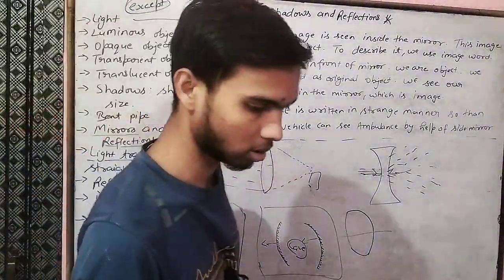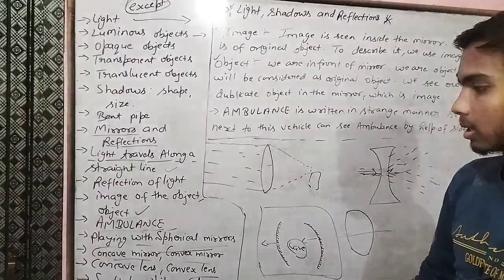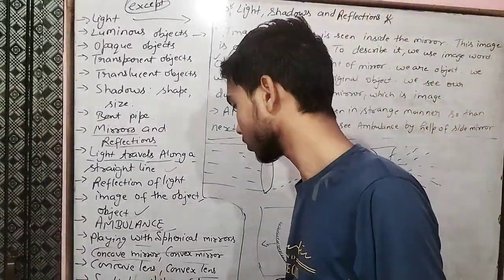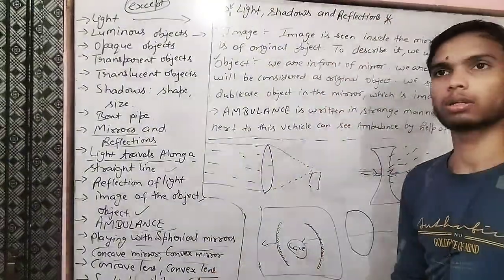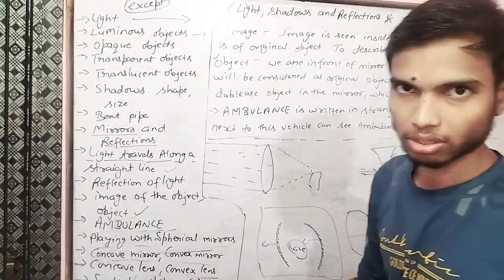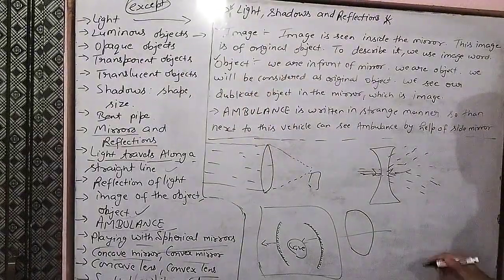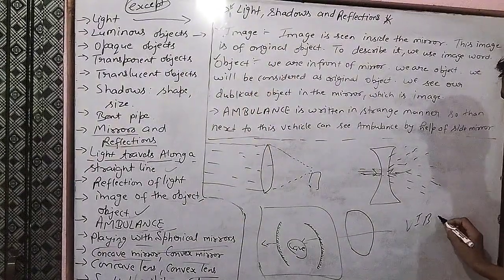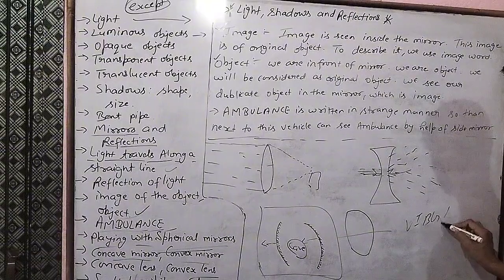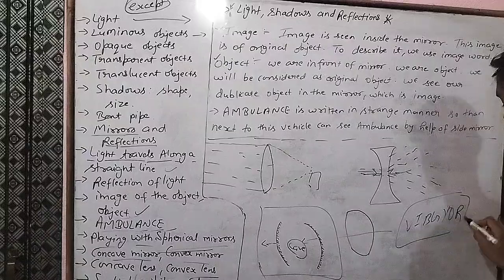Let's look a little bit at the discussion of sunlight and light. Sunlight is referred to as white. White has seven colors: violet, indigo, blue, green, yellow, orange, and red.